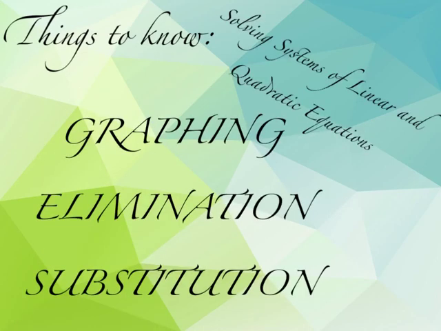Finally, solving systems of linear and quadratic equations, we had three methods: graphing, which we usually use just to estimate; elimination, where you have to line them up, subtract out a variable; and substitution, where you replace one variable for the other. So I know that this video didn't have very many examples. I just hope it was good for review and in preparation of our review day.